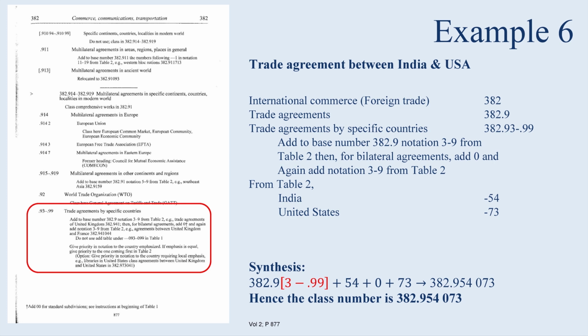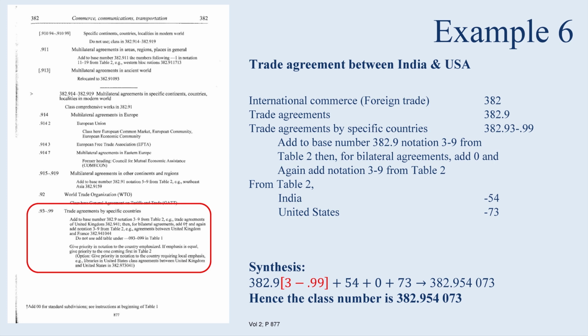Accordingly, we have to move into table 2, where we find the number for India, that is 54, and the notation for United States is 73. You know that if we can estimate which country is predominant in this particular title, then we can use the notation of that country first, then the latter one.